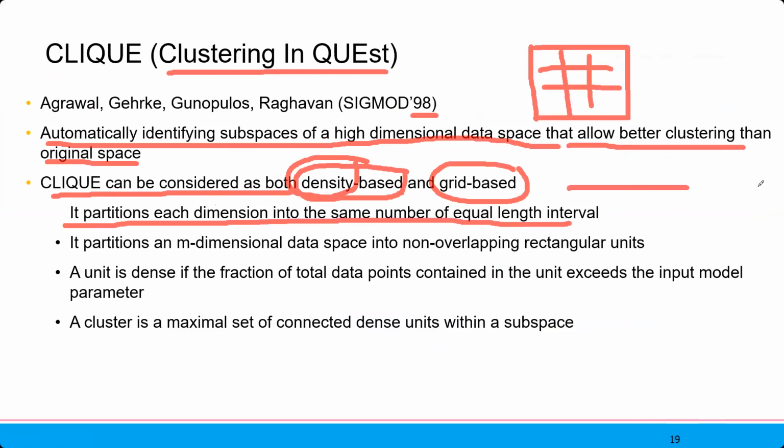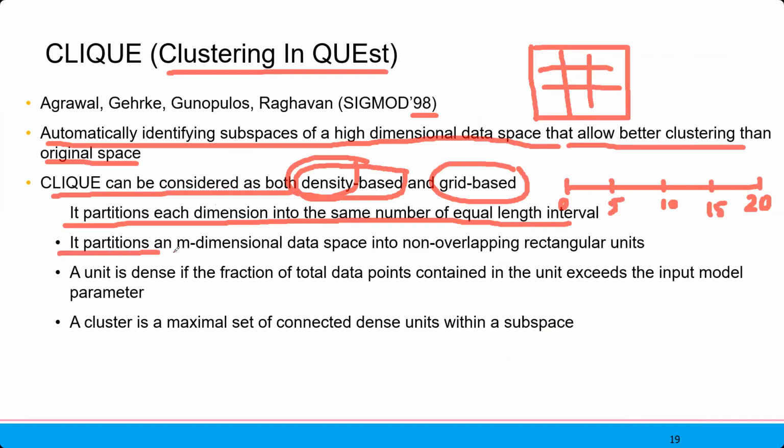So if I have data like this, from 0 until 20, for example, I can partition the data into the same number of equal length intervals. Maybe this is 0 until 5, this is until 10, then this is until 15. Okay, so it is equal.